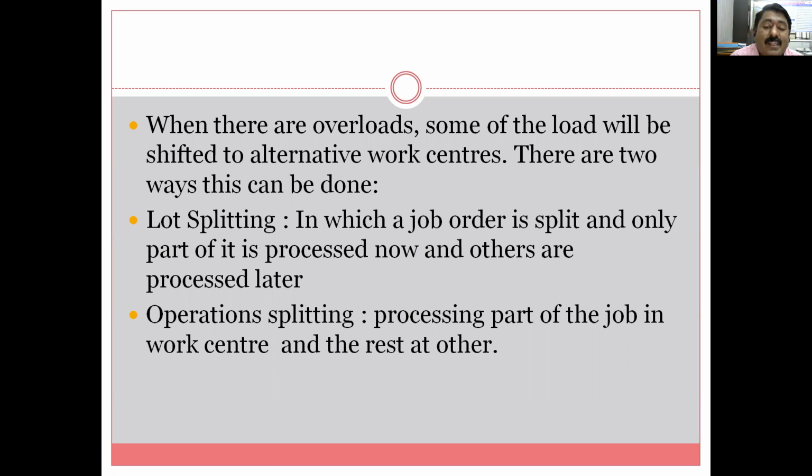Then operation splitting: processing part of the job on one work center and the rest at another. I have given you this example already. So here, friends, you can see, consider the CNC lathe machine example we have considered.